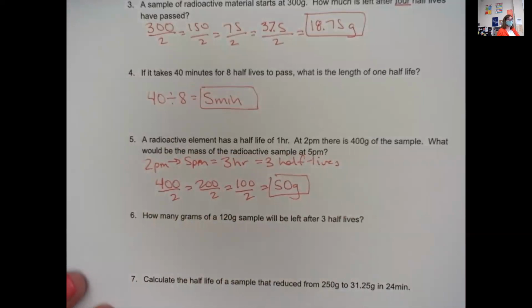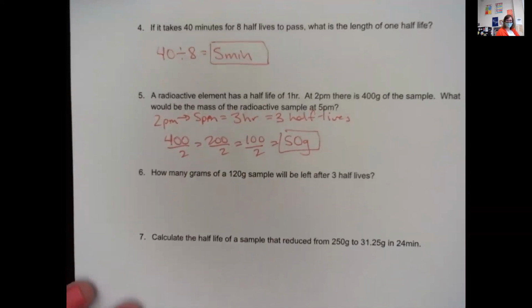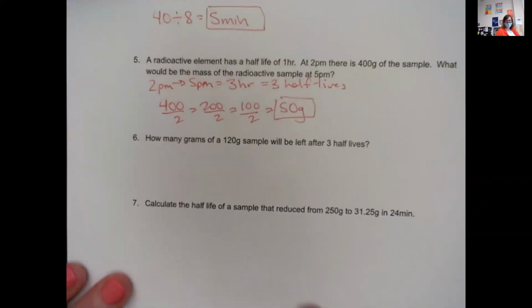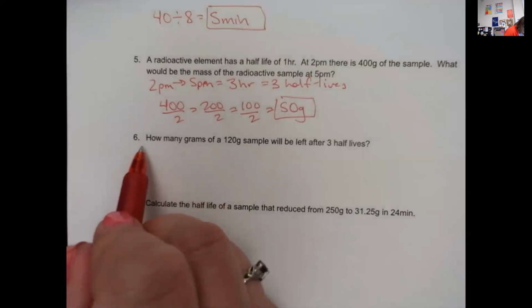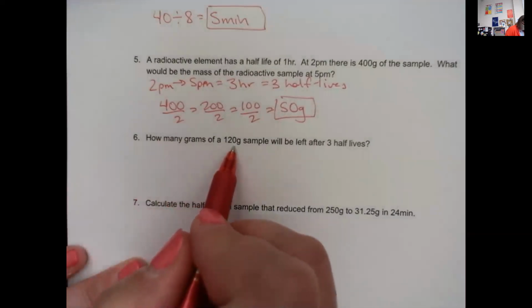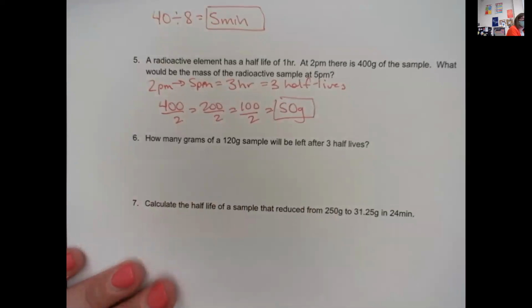Are these making a little bit more sense than Tuesday's worksheet? Or are they feeling a little bit easier? These are the kinds of problems we'll have on our homework quiz today. And last period, people did really well on the homework quiz, so that was a really good sign. How many grams of a 120-gram sample will be left after 3 half-lives? They're telling you what it's starting with, and the number of half-lives.